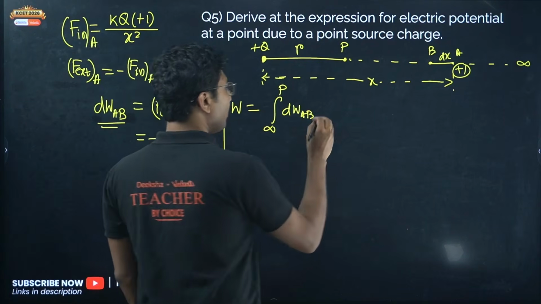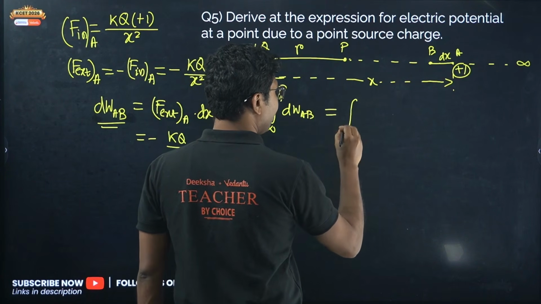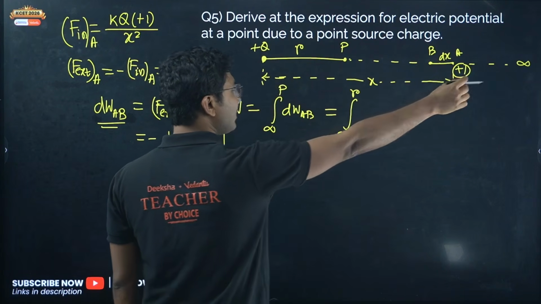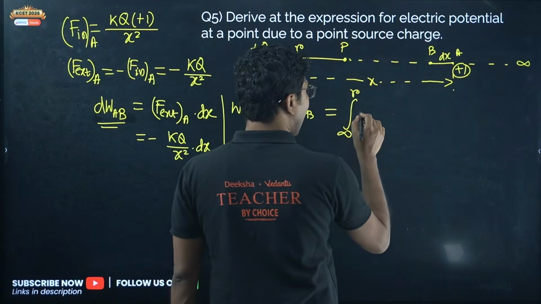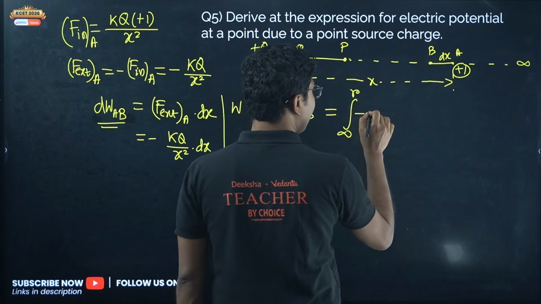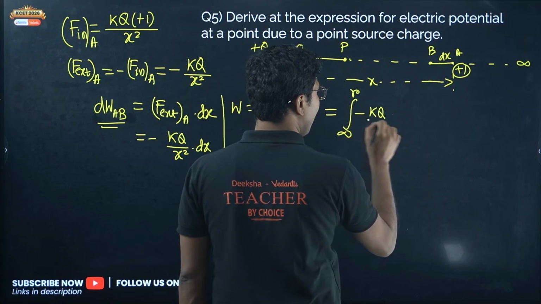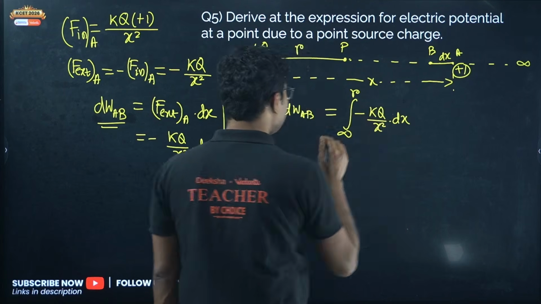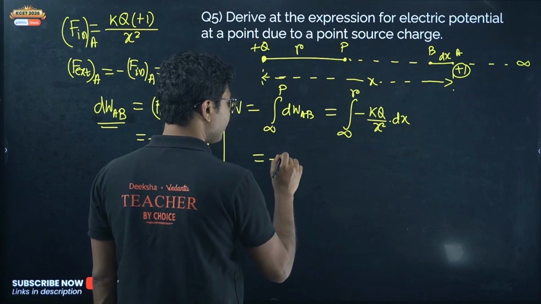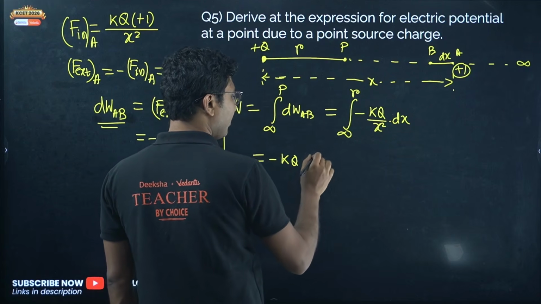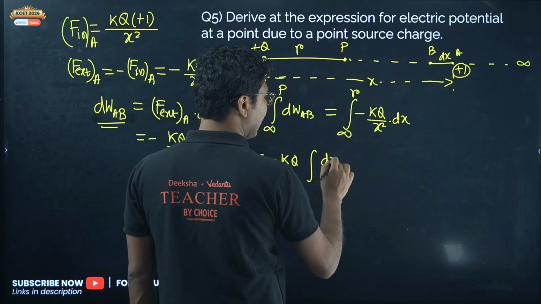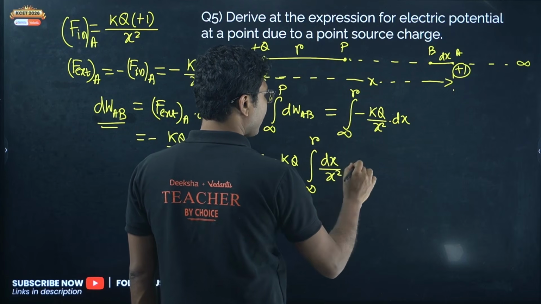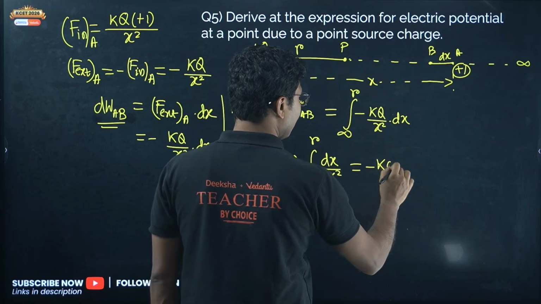Initial distance was infinity, final distance is R, so minus kQ by x square into dx. Now k is constant, and the charge is also constant, so k and Q come out of the integration, and we have dx by x square from infinity till R. So that is equal to minus kQ.